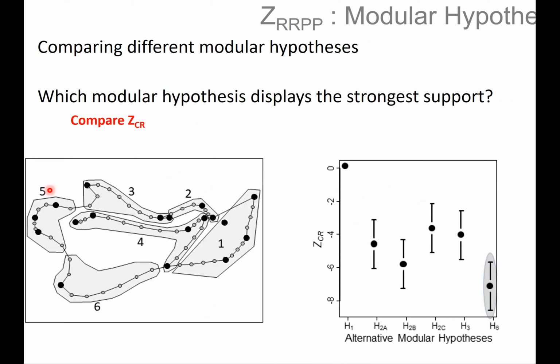So here we've got the skull of a mammal, and you can break it up into 1, 2, 3, 4, 5, or 6 different modules. And there are different hypotheses in the literature based upon developmental considerations or genetic considerations or functional considerations. We can test them all against one another and ask which of these hypotheses of modularity best describes the signal that we see. And again, we use the z-scores.